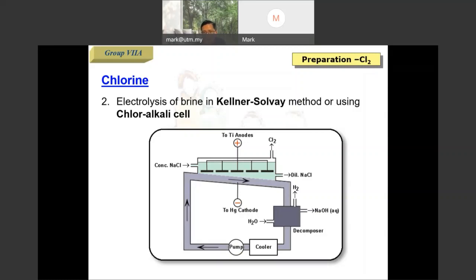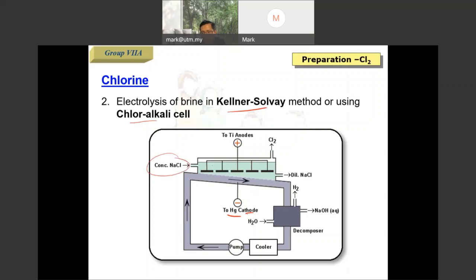The Kellner-Solvay cell uses mercury as its cathode, while the chlor-alkali cell uses other metals, nickel, titanium, graphite, as the cathode.